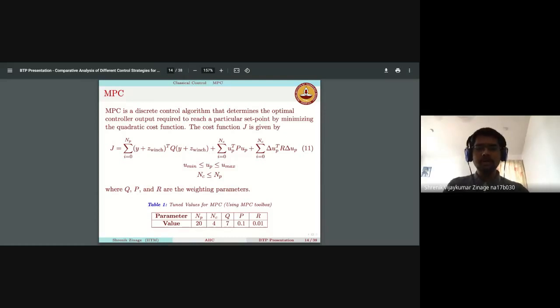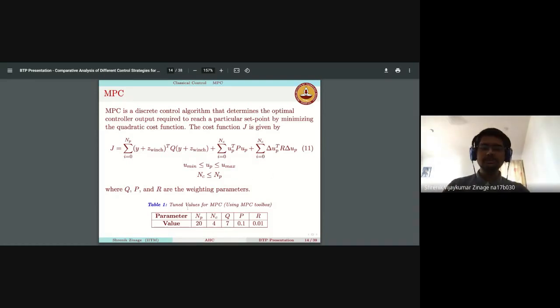So in a particular time window, it tries to find an optimal control input such that this cost function is minimized. And this window keeps on changing at every time instant. Q, P, and R are the matrices that we need to choose depending upon our performance requirement.